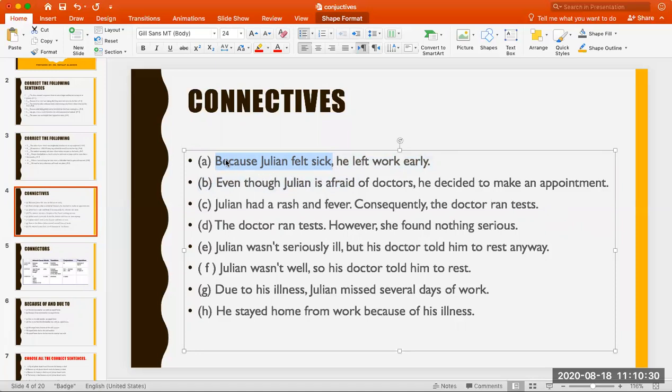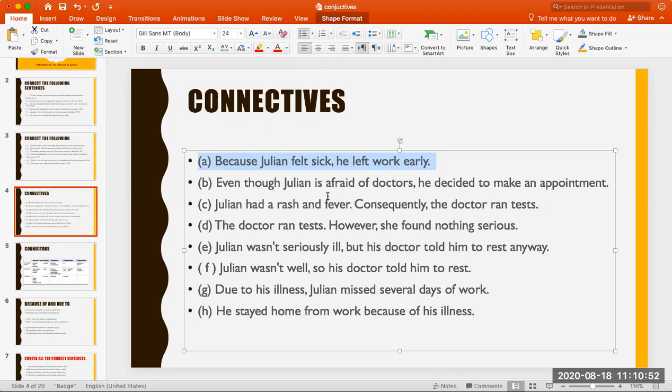Look, if we start with a subordinator, there is a comma, but the comma is almost always optional. So if you take out the comma, it's okay, but there should be a comma. In academic writing, it's better to use a comma. It's easier because it gives a pause for the reader, for the listener to follow the thought smoothly.